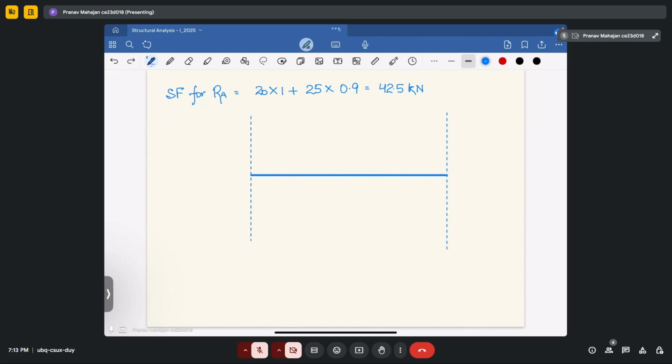If you are providing unit displacement at reaction RB, this is how your shear force diagram looks like. Fine.